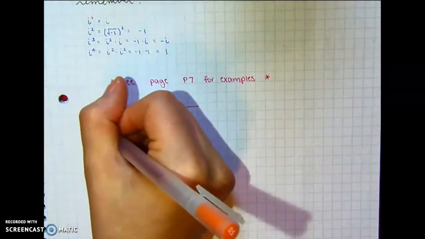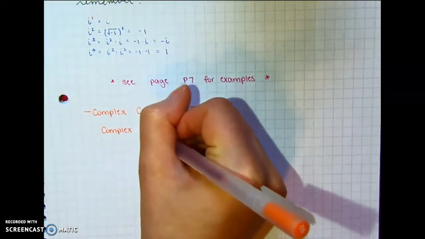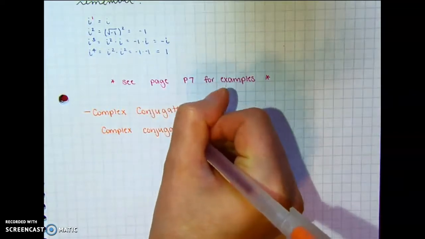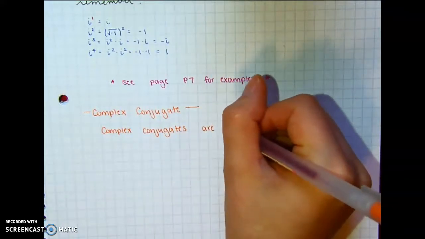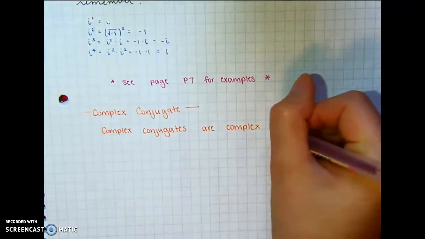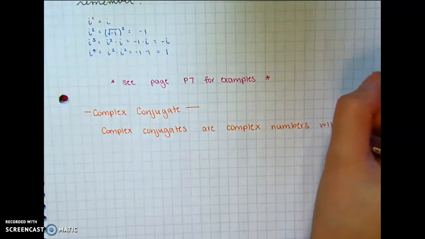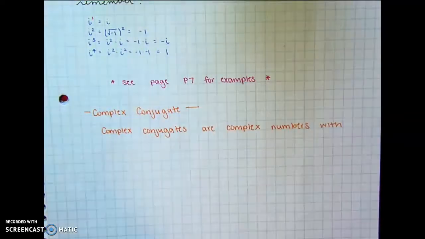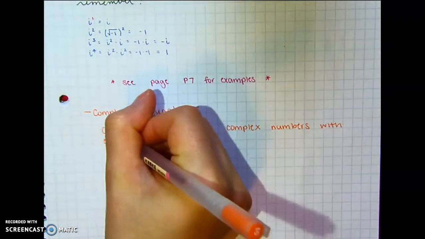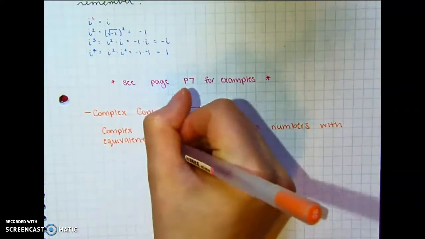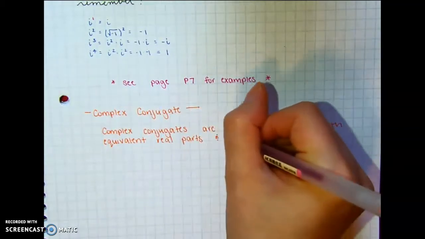So complex conjugates are complex numbers with equivalent real parts and opposite imaginary parts.